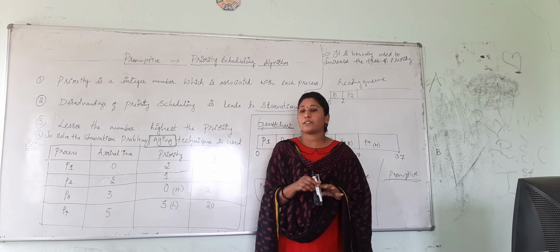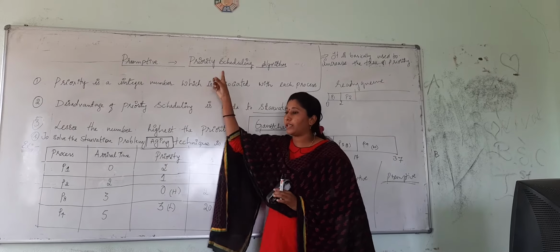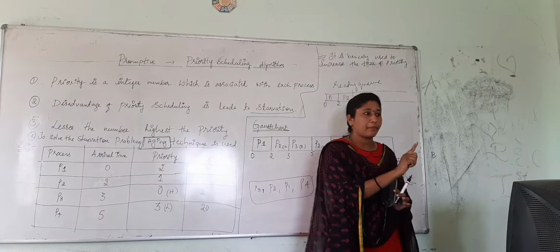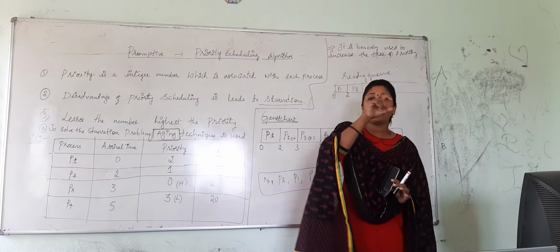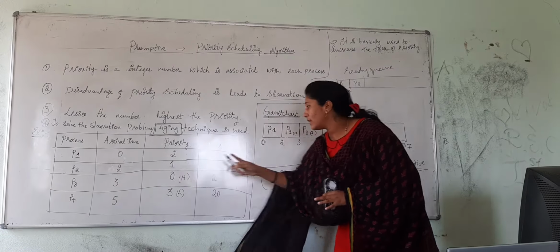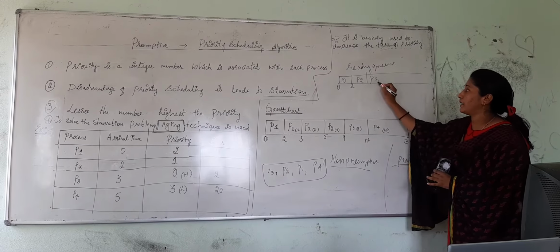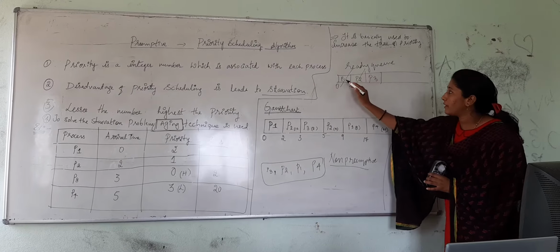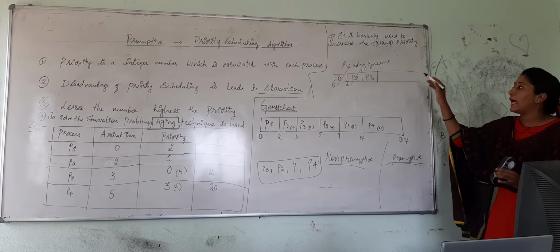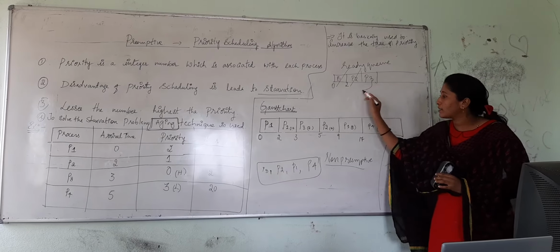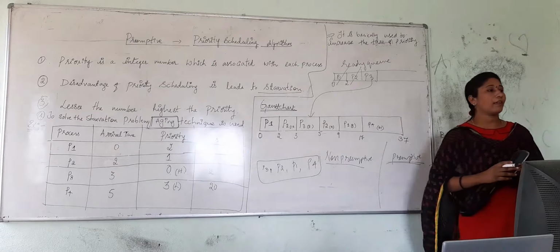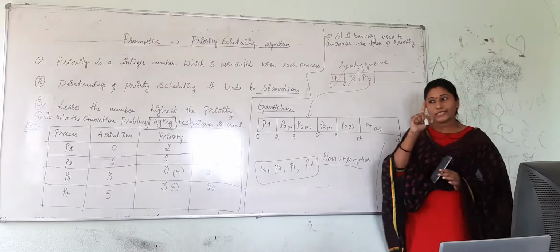Now our concept is clear, because according to the priority algorithm, the process having the first preference is given a chance. So P3 is removed from the ready queue and given a chance to enter into the CPU for execution, right? This is our first priority.